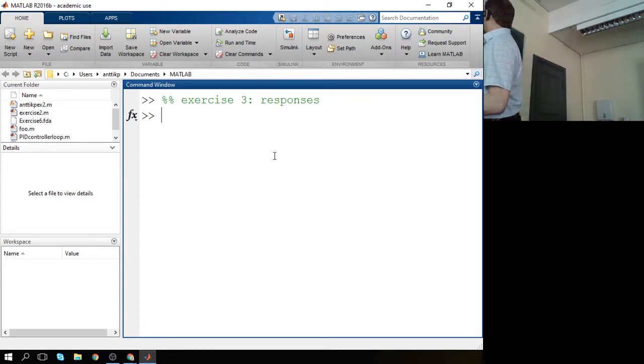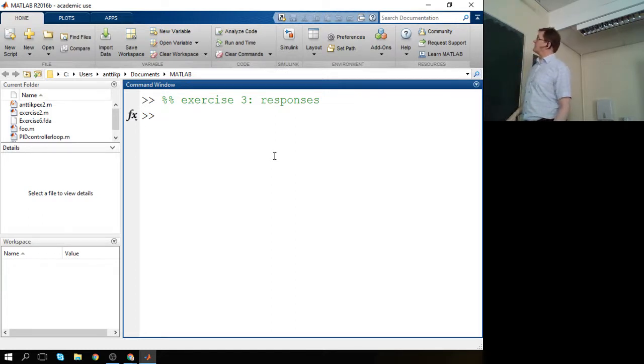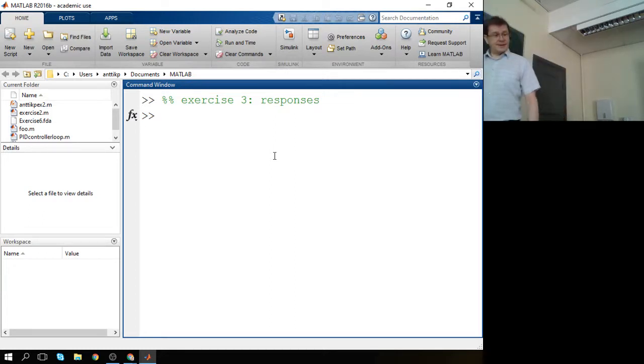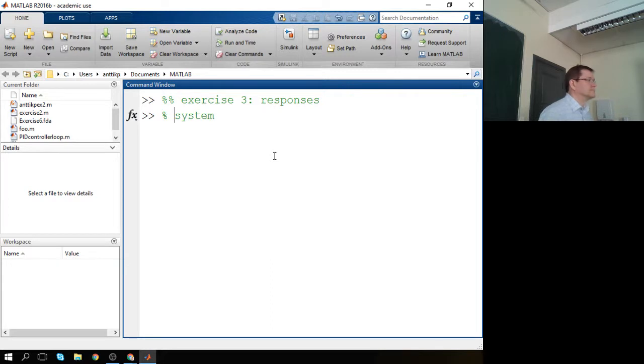I need a pole pair here at 0.5 plus minus 0.5 j. This is just an example. You have this different system defined by a flow chart.